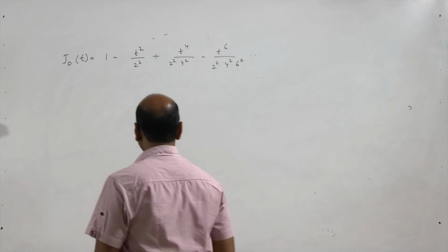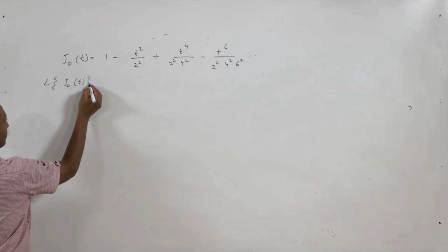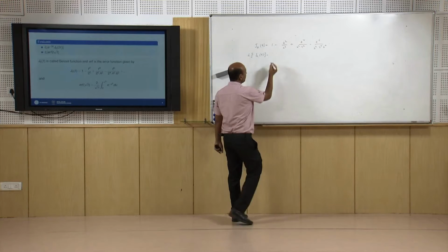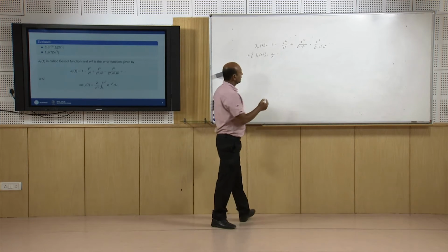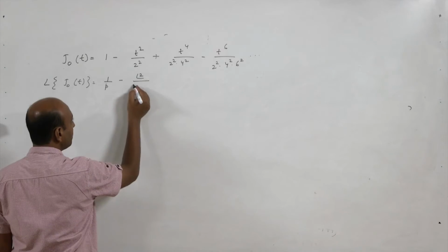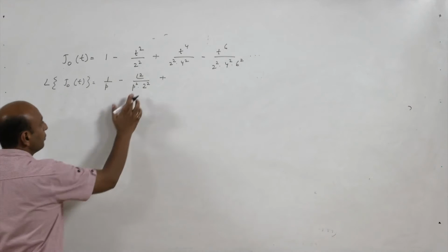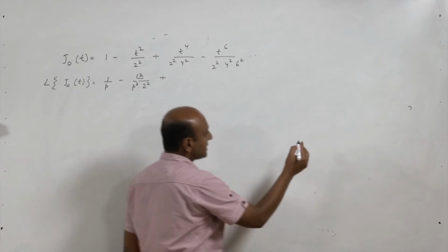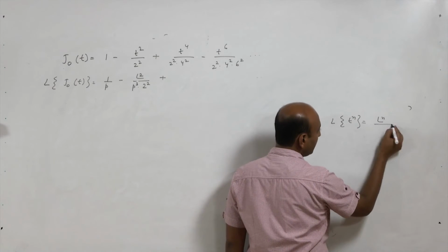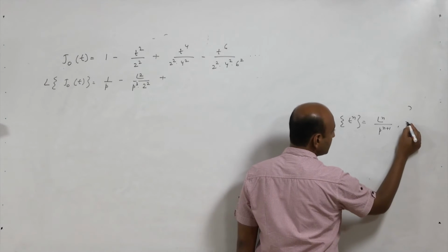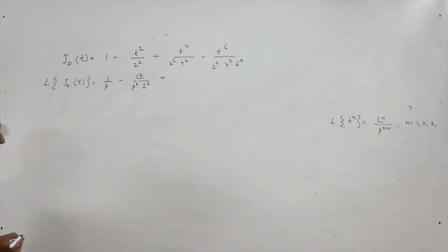Okay. So, what is the Laplace transform of J naught t? Now, the Laplace transform of 1 is 1 by p, the Laplace transform of t square is factorial 2 upon p cube, because the Laplace transform of t to the power n is nothing but factorial n upon p to the power n plus 1, if n is 1, 2, 3 and so on, for positive integers.